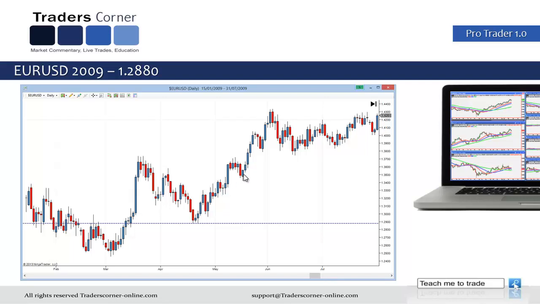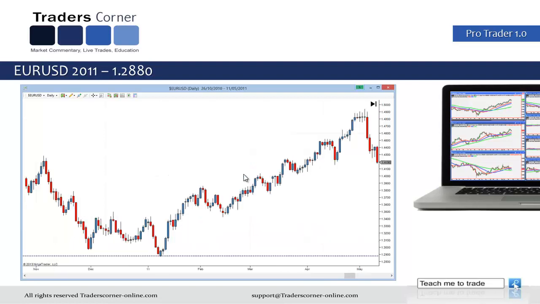So what about the next time the market identifies that level? And we're not talking next week or the week after. We're talking about 2009 here. Let's step forward to 2011. The next time the market comes back to that level, two whole years later, look at what happens. Can you see?